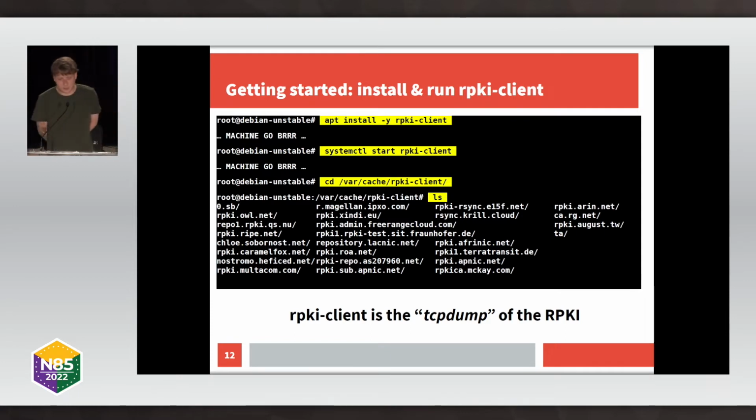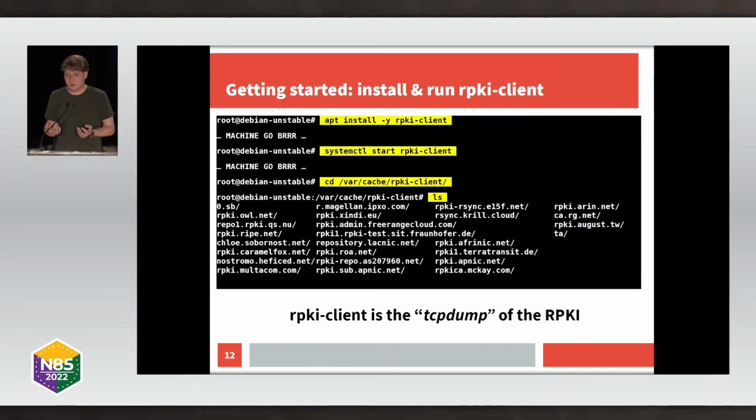Anyway, you install RPKI Client, you start it so that the process connects to the internet and fetches all the RPKI objects that can be reached through the trust anchor that you configured on the system. And once that's done, you can change directory into the so-called cache there. The cache directory is where the RPKI client utility on the file system stores all signed objects that it discovered and considered valid.